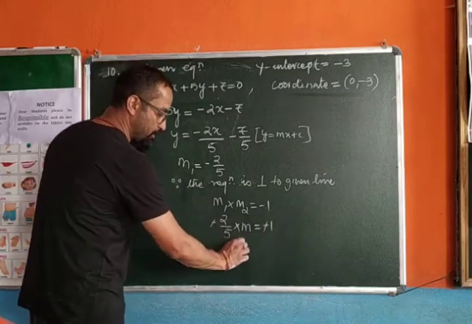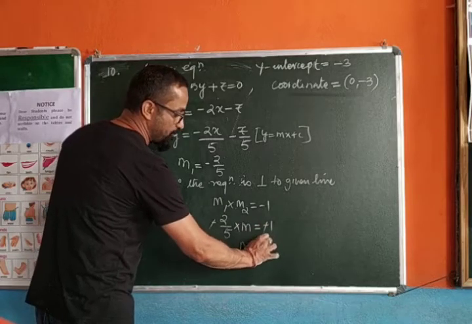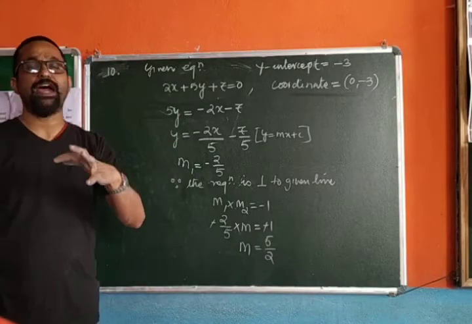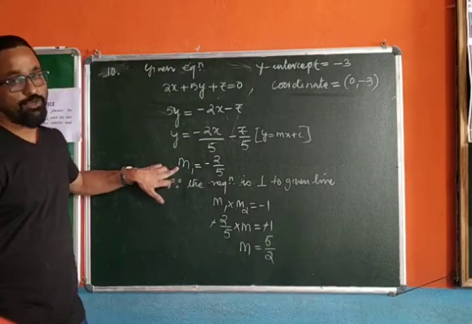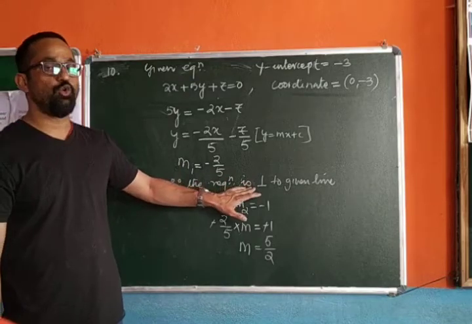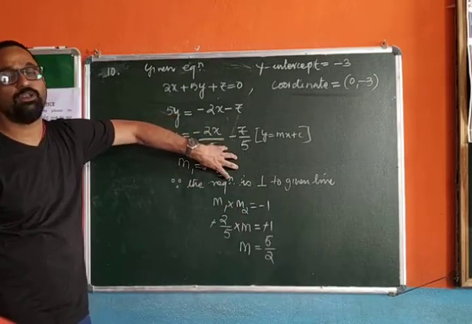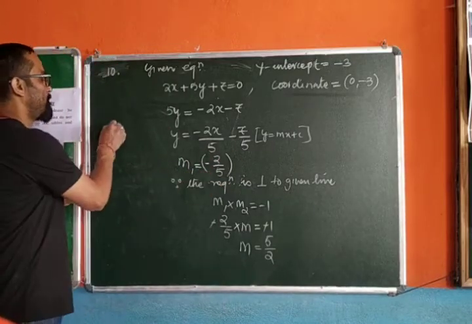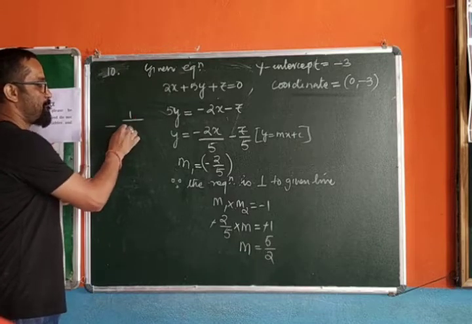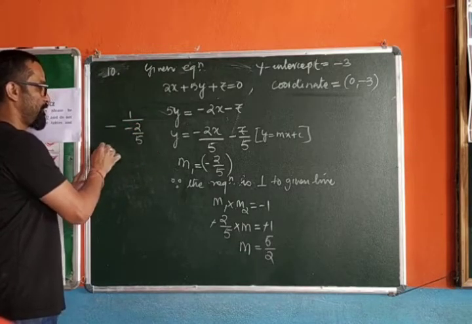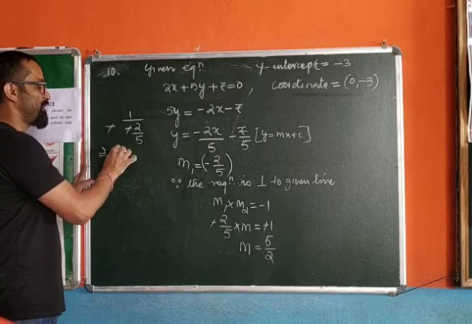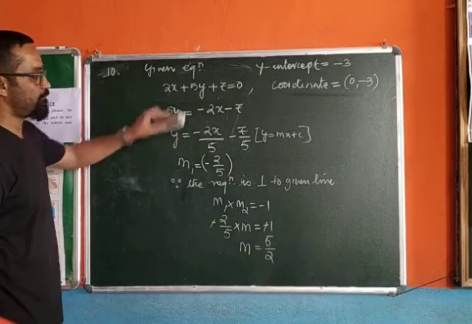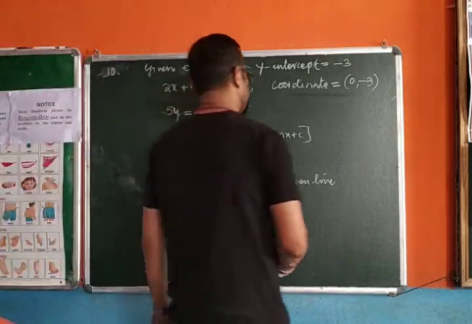Cancel the minus sign. Required slope will be 5 divided by 2. Or you can do it directly if you want. First calculate m1. Therefore the required slope is minus the reciprocal of the calculated slope. Minus 1 by minus 2 divided by 5. Minus divided by minus is plus, then you reciprocate, you get 5 by 2. But don't directly solve it. Follow the steps, it will be easier.